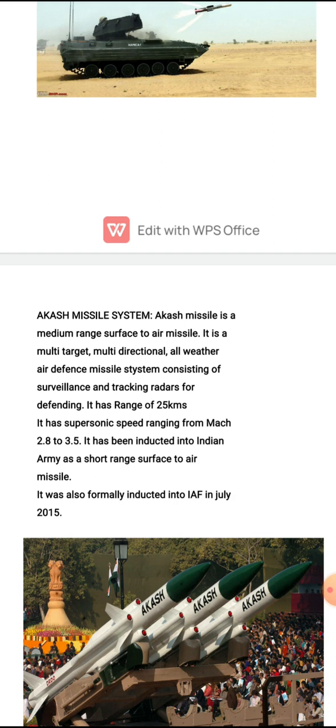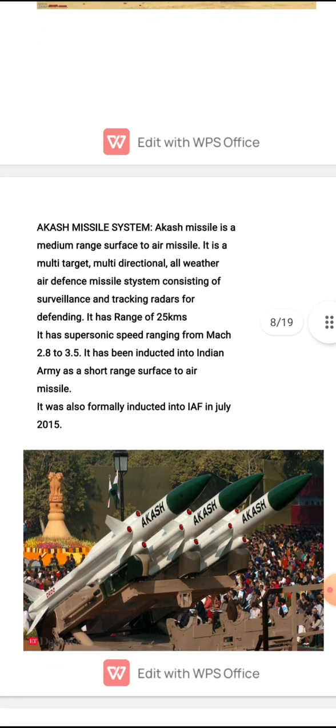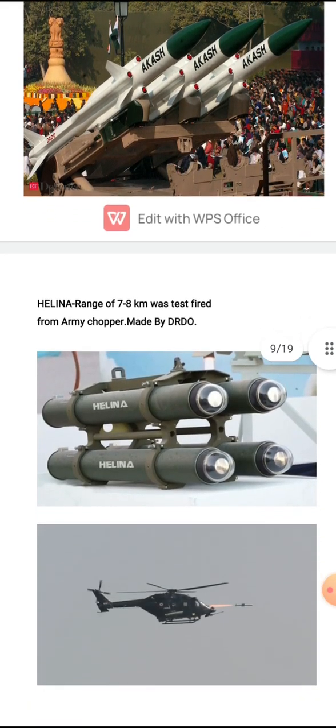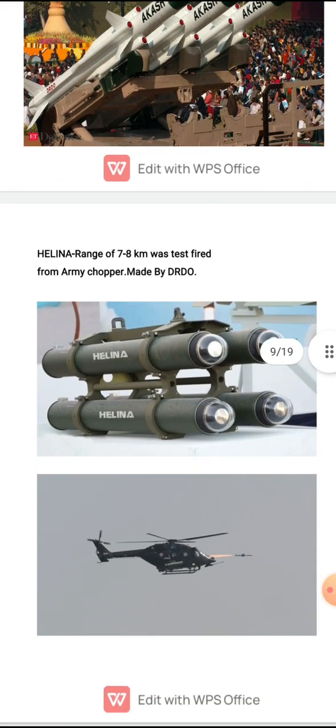It has been inducted into the Indian Army as a short-range surface-to-air missile. It was also formally inducted into the Indian Air Force in July 2015. So the Indian Army and Indian Air Force use it. Okay, now comes the Helena missile. Its range is around 7 to 8 kilometers and it was test fired from an Army chopper, made by DRDO.